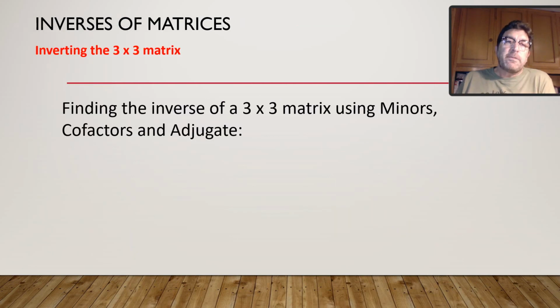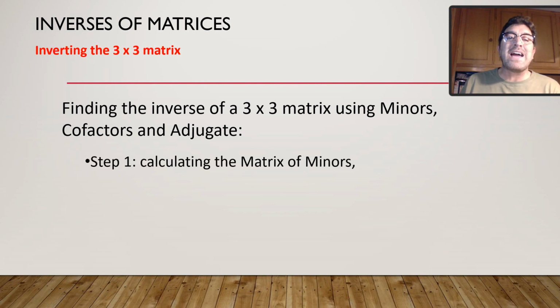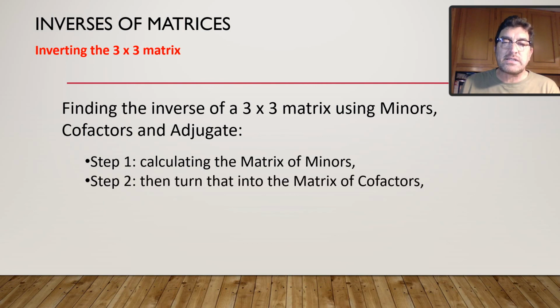Okay, so inverting a 3 by 3 matrix. We find the matrix of minors, the cofactors, and the adjoint or the adjugate matrix. So step 1, you calculate the matrix of minors by covering columns and rows and finding determinants. Then you adjust the signs to find the matrix of cofactors. Remember, start with a plus in the top left and then alternate.